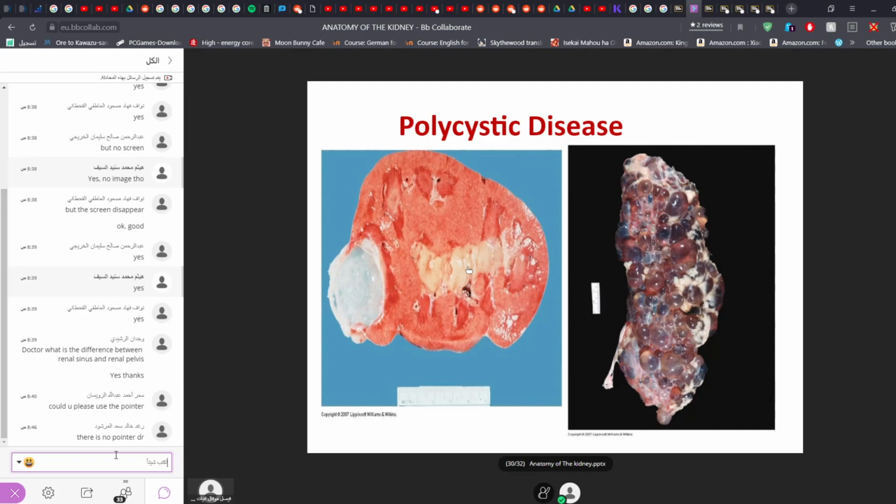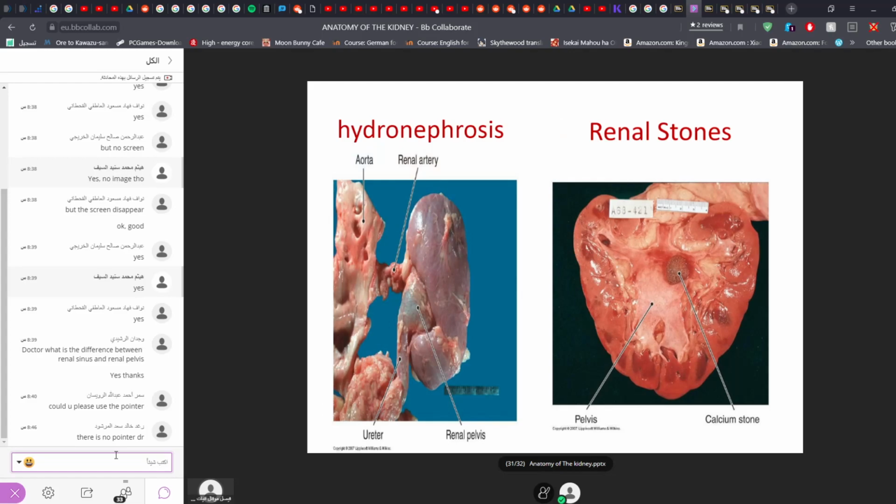Sometimes inflammation of the kidney is called glomerulonephritis, which is the most important disease of the kidney, and pathology will cover it. And then you can see multiple cysts. It is called poly, meaning multiple, cystic disease. Here you can see the polycystic kidney disease you will have in pathology.